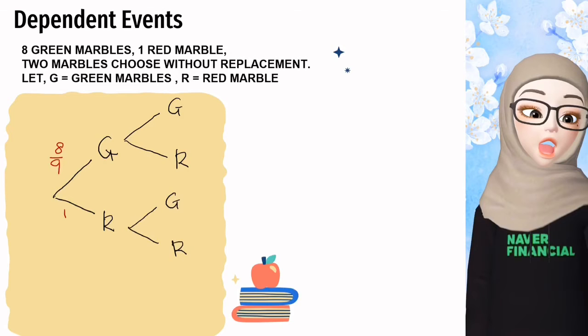So 1 over 9. Okay, so what is the probability of selecting a green marble on the second try? But now we have a problem. What is the problem?